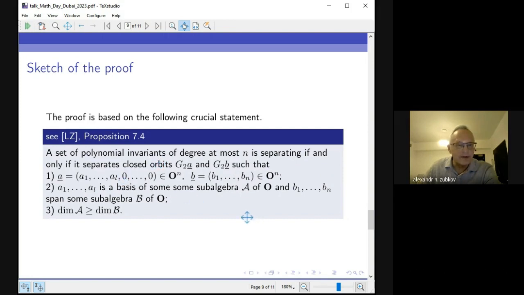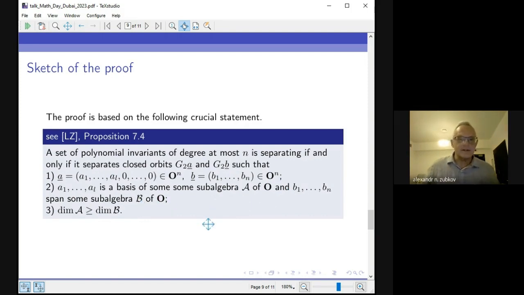What we have to assume here is that A1, ..., AL, these first coordinates here, form a basis of some subalgebra of the algebra of octonions, and B1, ..., Bn just span some subalgebra. Now let me denote the first subalgebra by A and the second subalgebra by B. And also the dimension of the first subalgebra A is at least the dimension of the second subalgebra B.